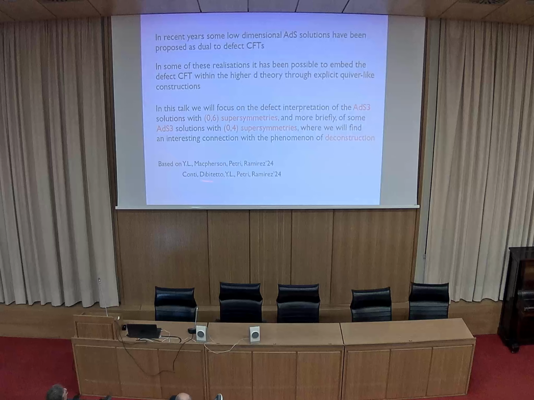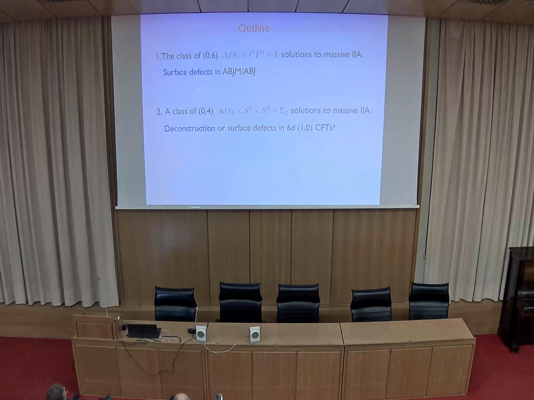So, this is based on recent work with a number of people. Let me start by giving the outline. First, I will discuss the 0,6 solutions to massive IIA supergravity, and try to interpret them as defects in ABJM.